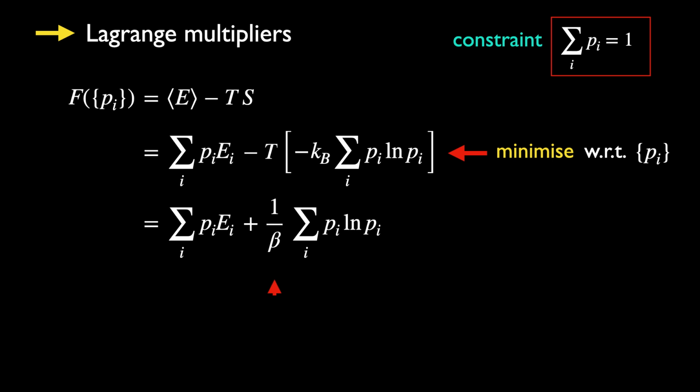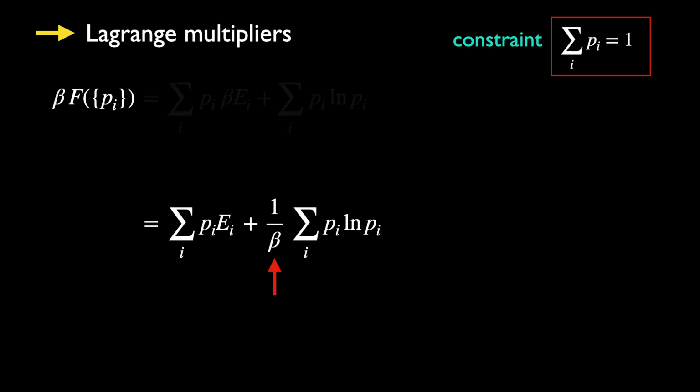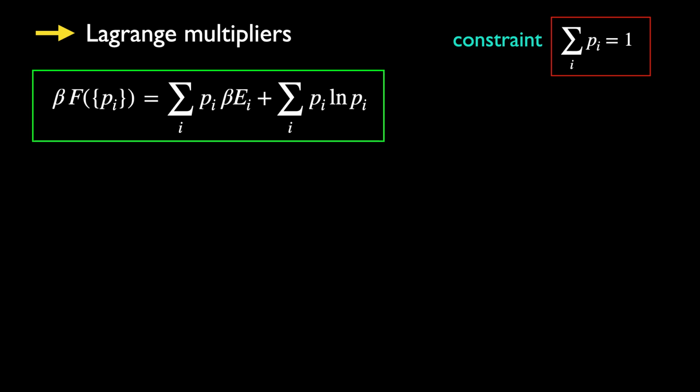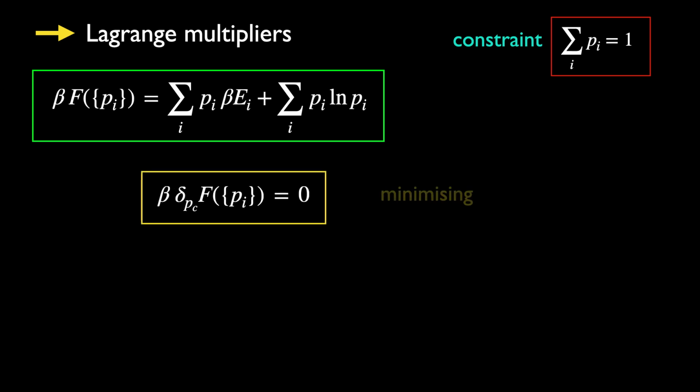Let's bring beta to the left-hand side of the equation. Let's minimize beta f, which is a dimensionless function, with respect to the pi's, which are also dimensionless. Thus, the first order variation of f with respect to p must be equal to 0.